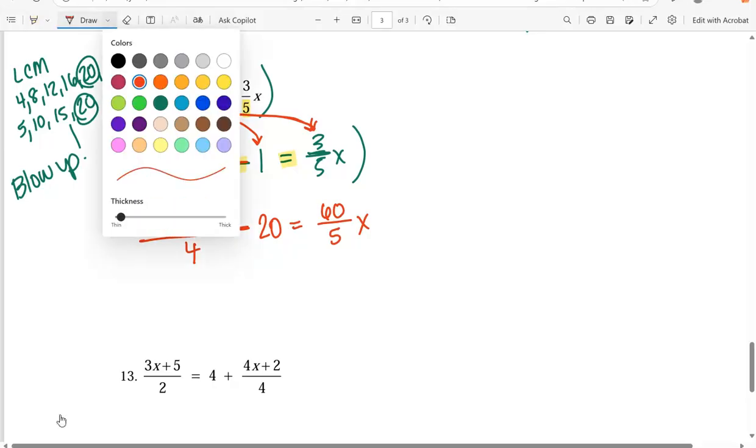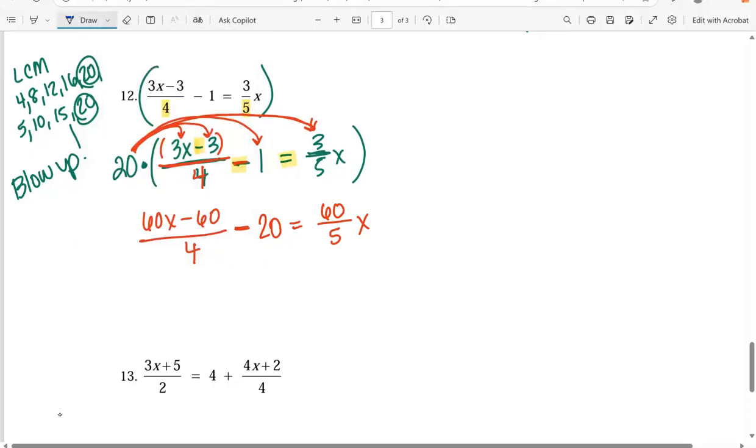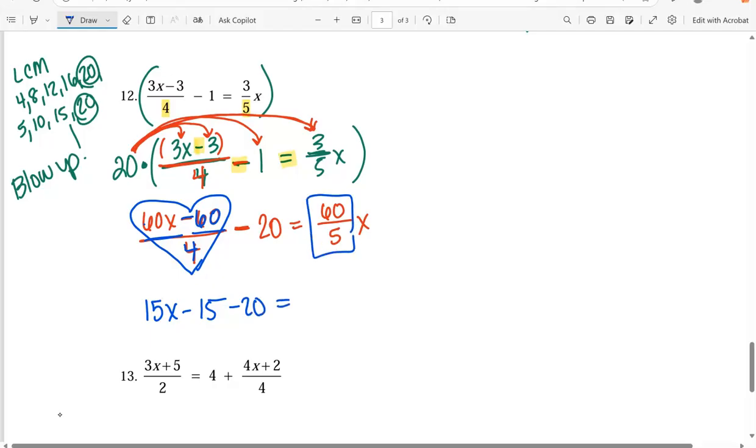If I've done this correctly, I can now come back and reduce. 60 divided by 4 is 15x. Negative 60 divided by 4 is negative 15. I still have a minus 20. And 60 divided by 5 is 12x. We have blown up our fractions.